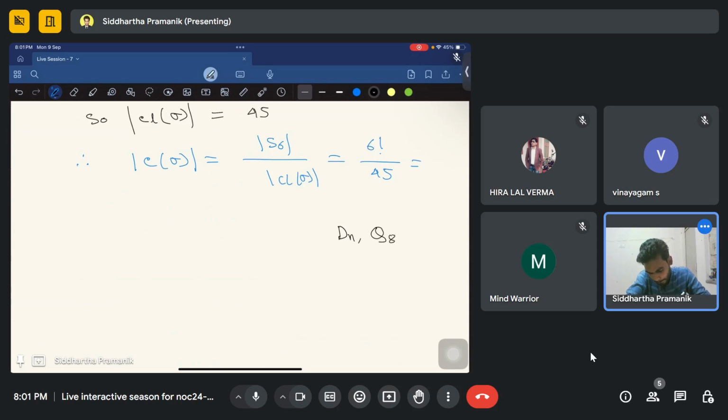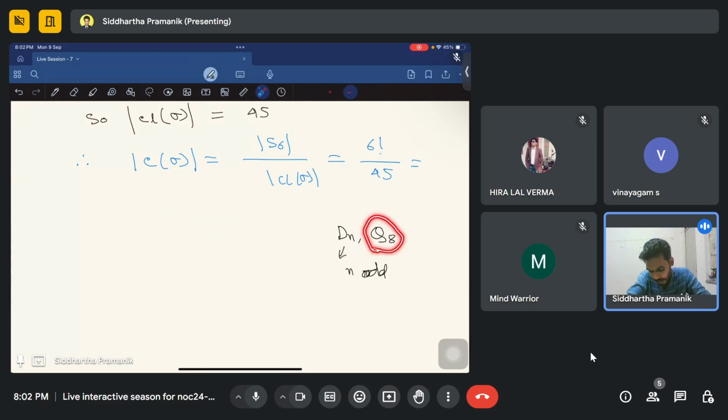I can do the class equation of Dn for n odd, because for n even that is tough. But you were not introduced to these groups, so I don't know if you are aware of them or not. But I can do the class equation of Q8 because introducing this group is not difficult.